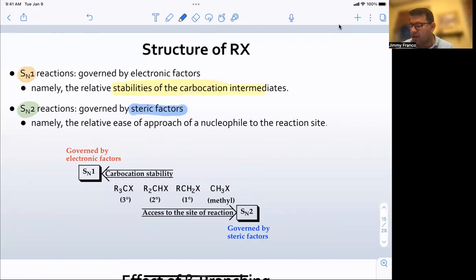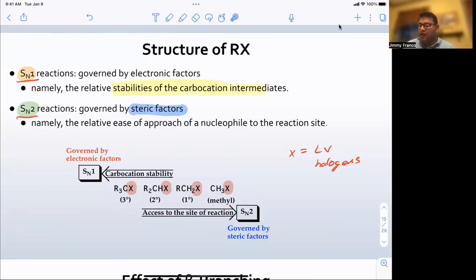One thing I want to highlight on here, and then we'll talk about this in more detail. X in this case is going to equal my leaving group. Generally right now it's been the halogens, but it doesn't always have to be. So when you're trying to determine if it's SN1 or SN2, the very first thing you should do is find the leaving group and determine if it's on a tertiary carbon, secondary, primary, or methyl.